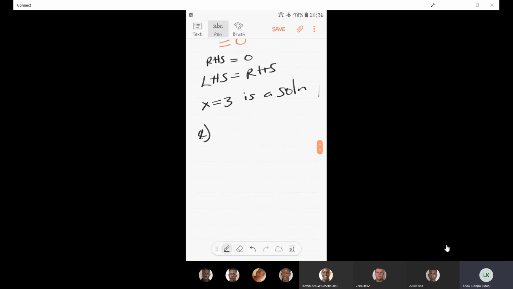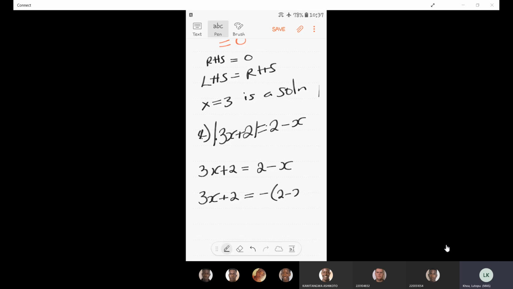Then number 4, this is absolute value of 3x plus 2. This is equal to 2 minus x. Okay, so we do this one in the same way. We say 3x plus 2 is equal to positive of what I have on the right-hand side, and it is also equal to negative of what I have on the right-hand side.